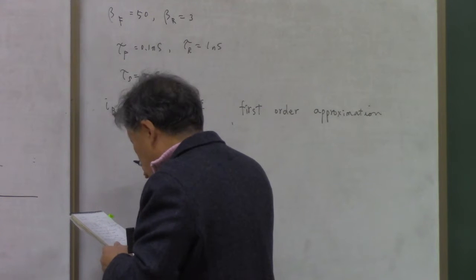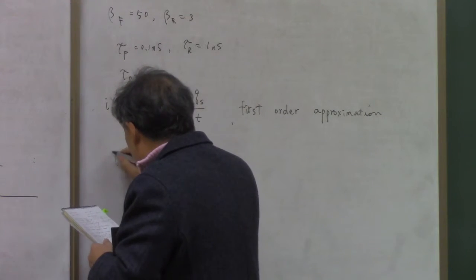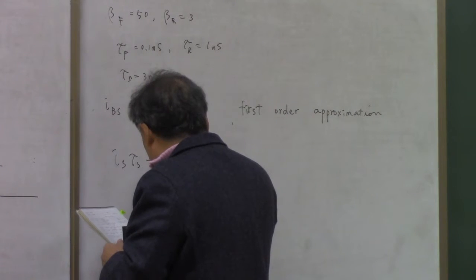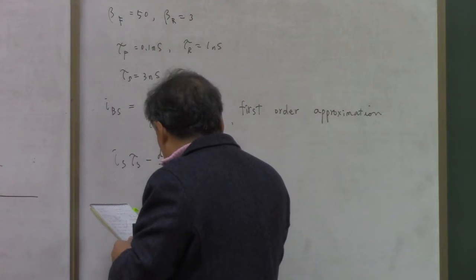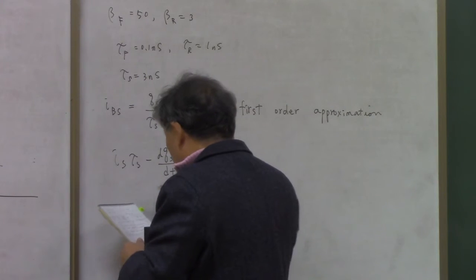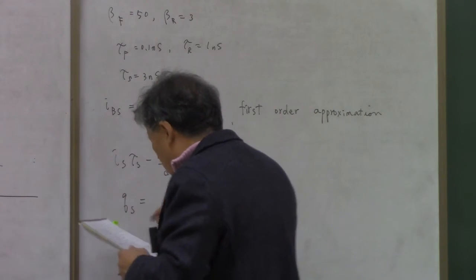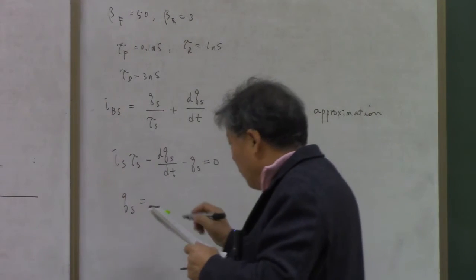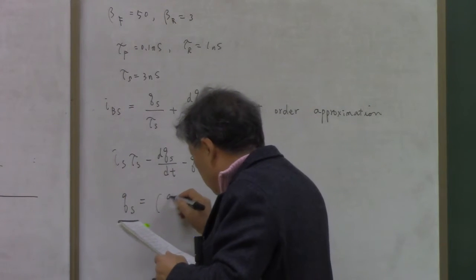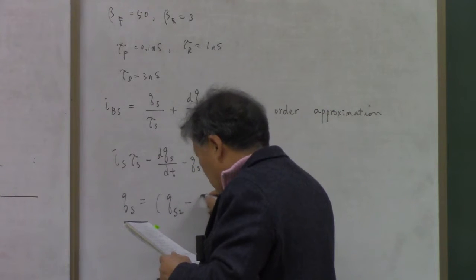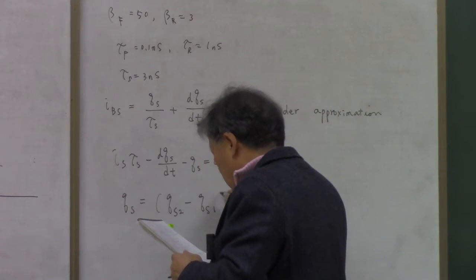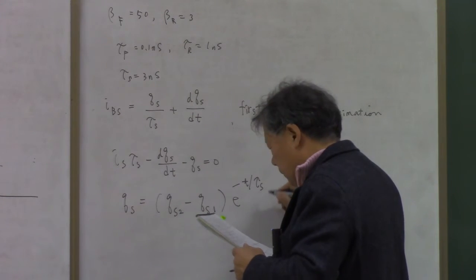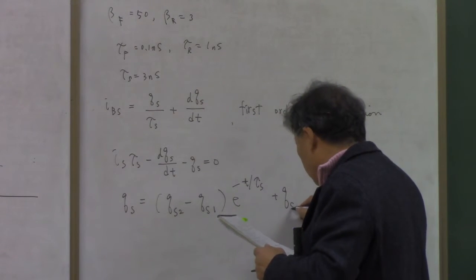And saturation current minus dQs over dt minus Qs is equal to 0. And then Qs, as we did on the first example, just to have a general solution, Qs1 e to the minus t over tau s plus Qs2.